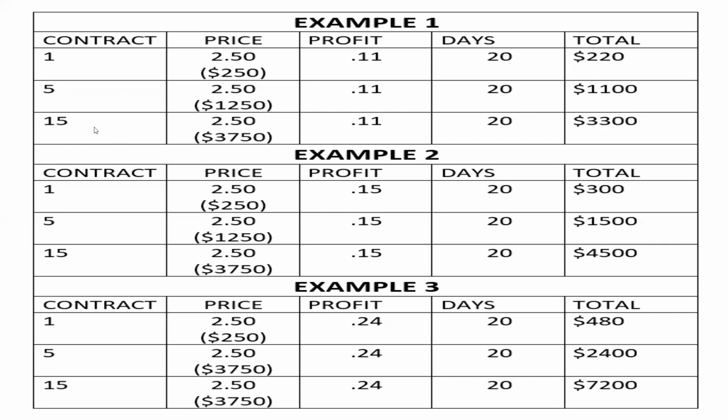With these 15 contracts, your total investment went up to $3,750, which is about the most that you want to have. You don't want to have too much exposure in the market at one time. So about $4,000 is about the maximum amount of exposure, in my opinion, that you should have in the market at one time, especially when you're dealing with options.